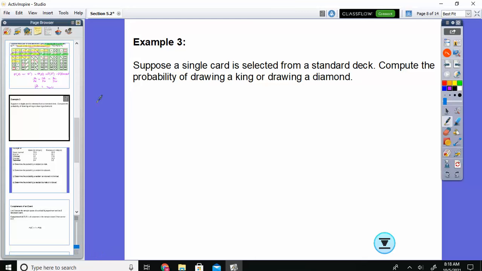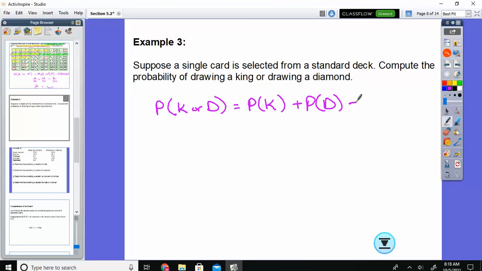As we get into these probabilities, a lot of times you will see me writing out, I want the probability of king or diamond. And I use my formulas a lot because when we start doing more things, keeping your formula straight is really huge. So I need the probability of king plus probability of diamond minus the probability of both.